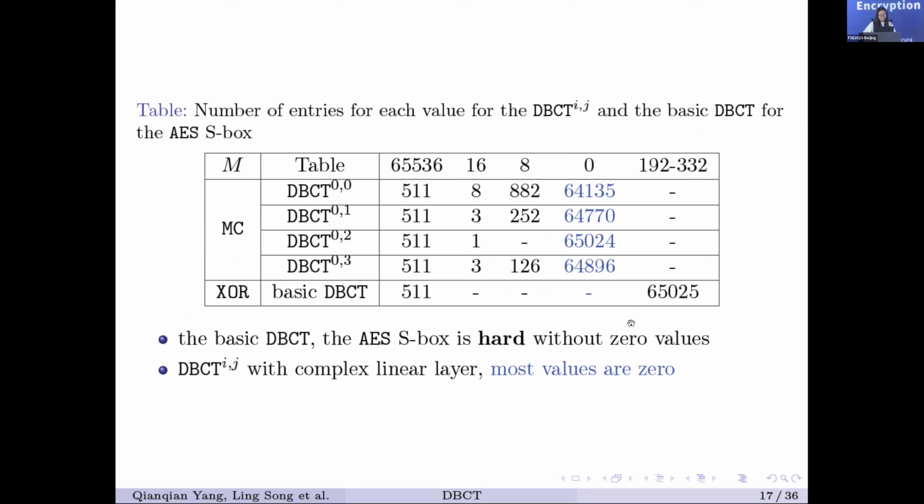From the table, we can find that the basic DBCT, the S box of AES, is an involution without 0 values, and for the DBCT with the complex linear layer, most values are 0. This point deserves our attention.